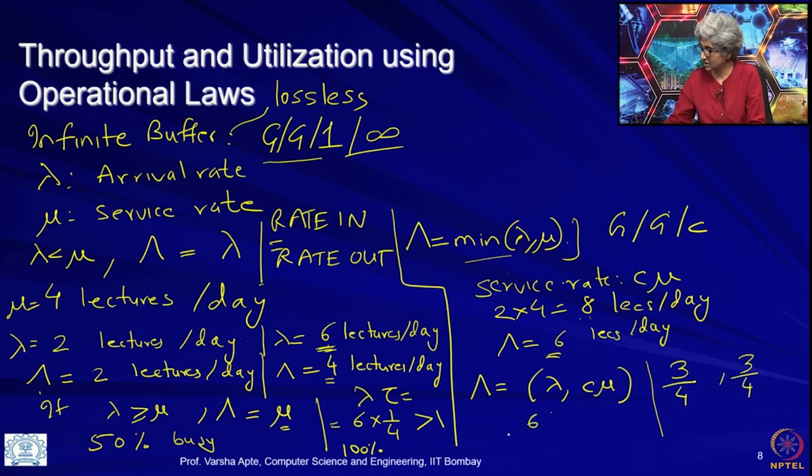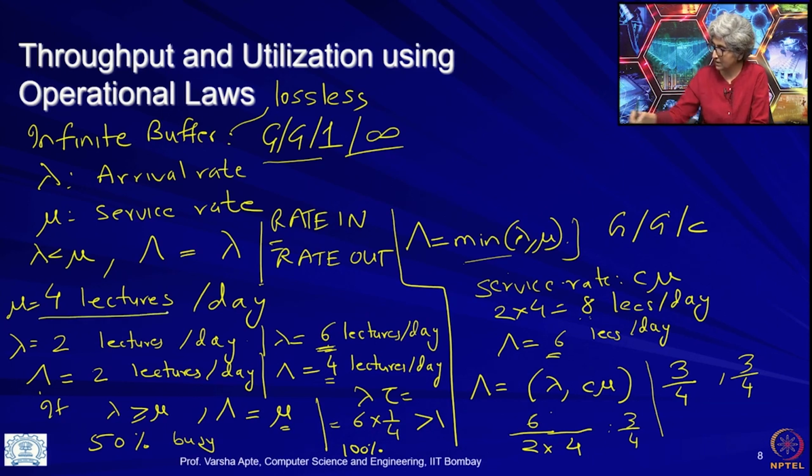You took 6 and divided it by 2 because there are 2 of you, and then also divided it by 4, and that is how you got 3 by 4. Your capacity per person is still 4 lectures per day; a total of 6 lectures were coming, but each of you is doing 3. So, 3 by 4 is what your busyness is. That is what we need to convert into a formula.